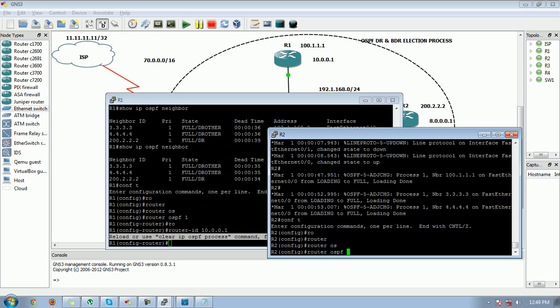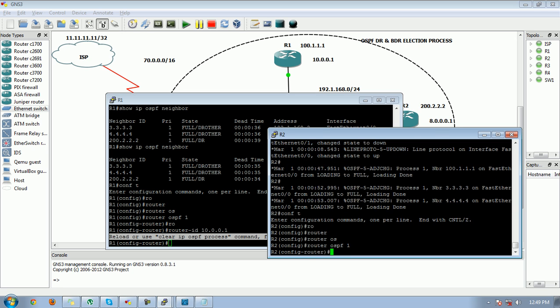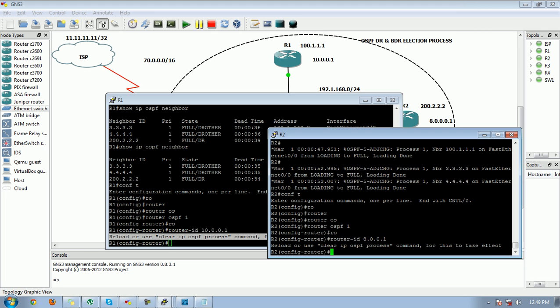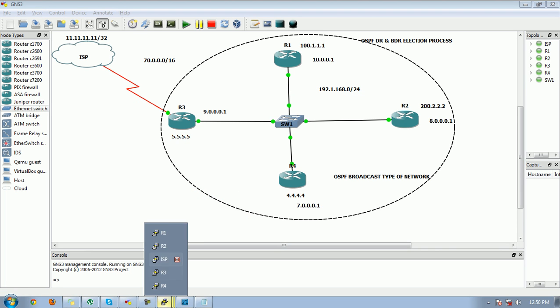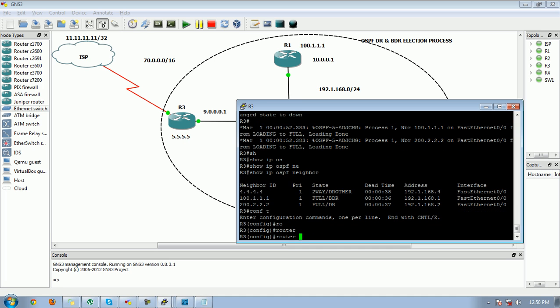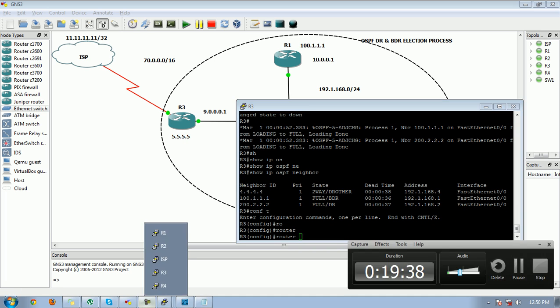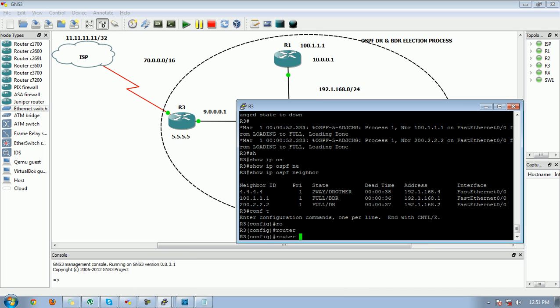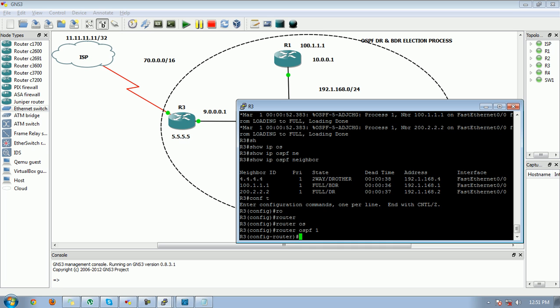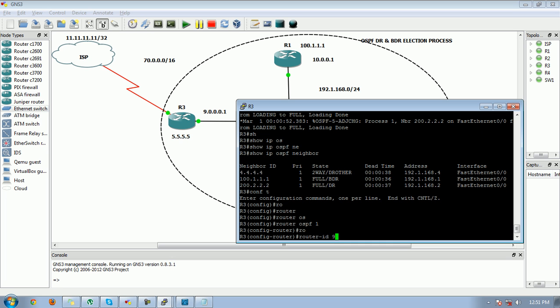Router OSPF 1, router ID will be 8.0.0.1 on R2. On R3, router OSPF 1, router ID will be 9.0.0.1.